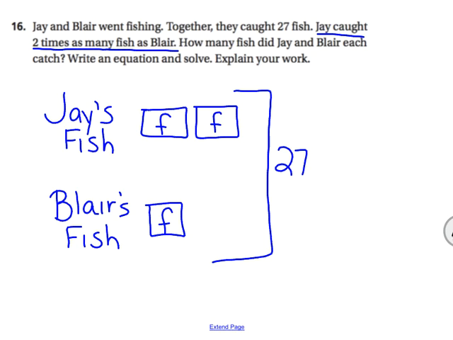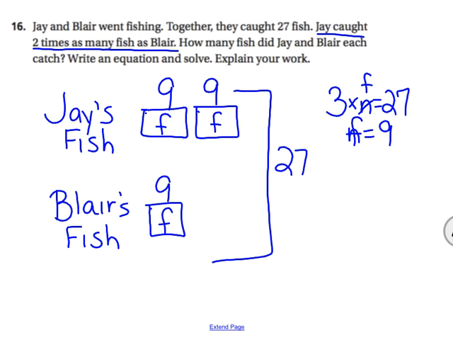So I count 1, 2, 3. So it becomes 3 times n equals 27. N equals 9. So we're not done. You have to go back and make, oops, sorry, it's not n. My bad. It's F. Sorry. I'm so used to n in class. F equals 9. So we go back and make every F 9.